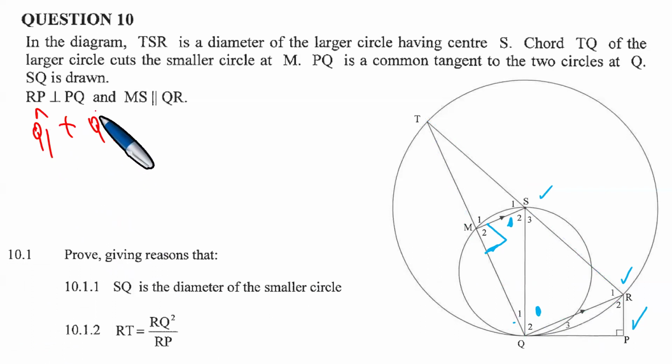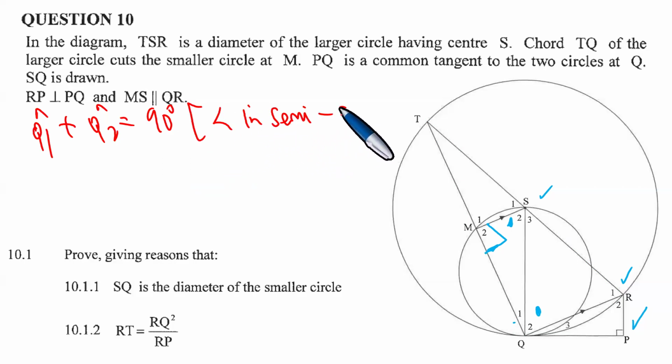It is an angle in a semicircle, because an angle subtended by a diameter is a right angle, and this is the diameter of the larger circle.